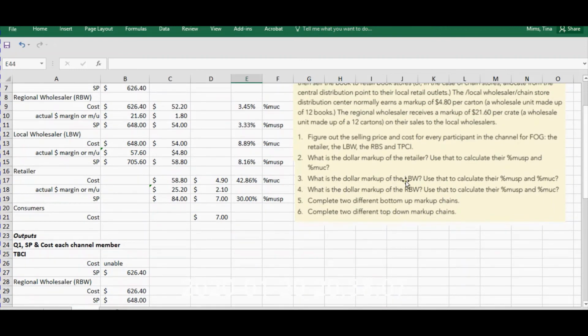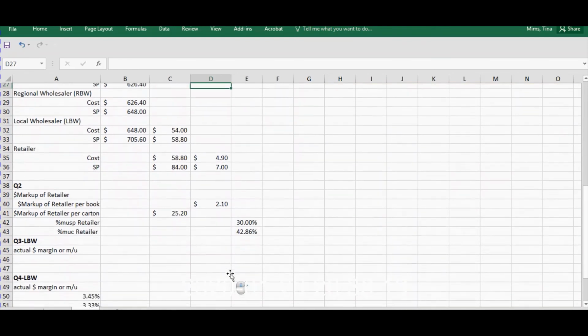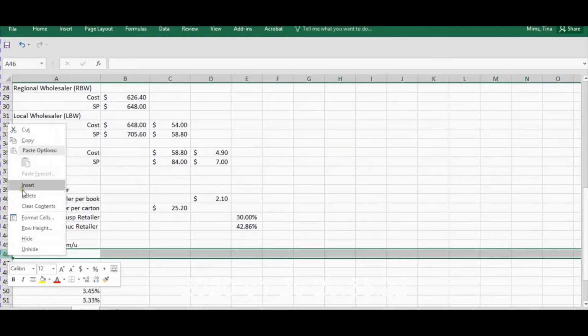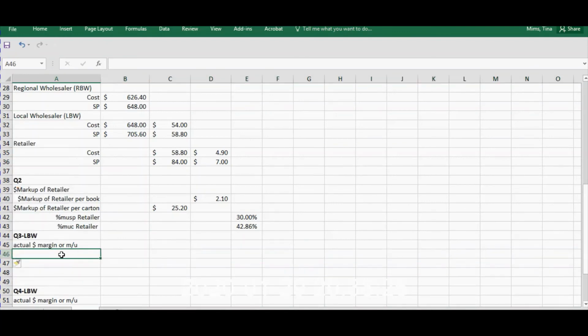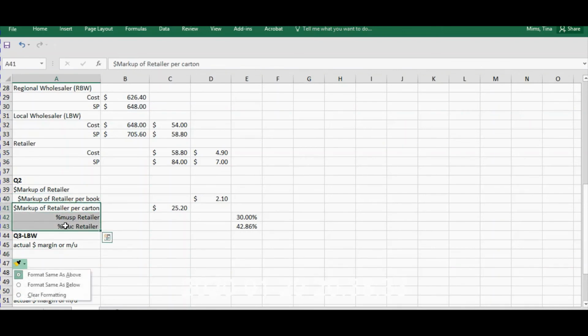All right, let's take a look at the dollar markup of the local wholesaler. Okay, and then use that to calculate the MUSP and MUC. Very good. So we'll probably want to make something that looks very similar to our previous answers. So when someone's grading our work, we can have a very nice, easy way for our grader to look at our work.